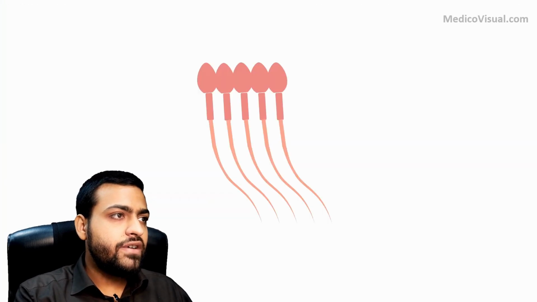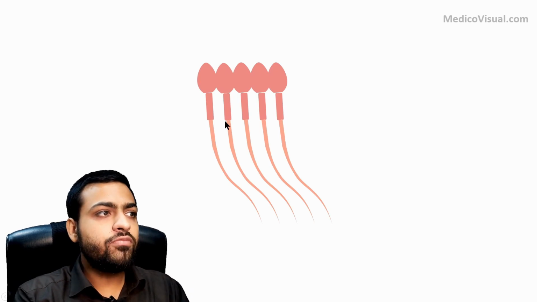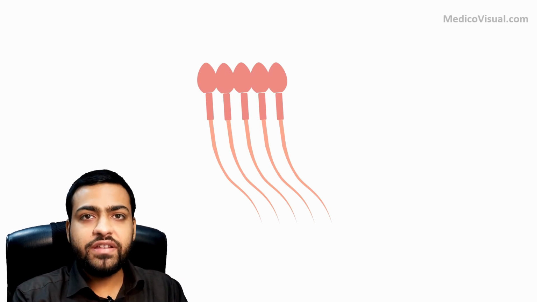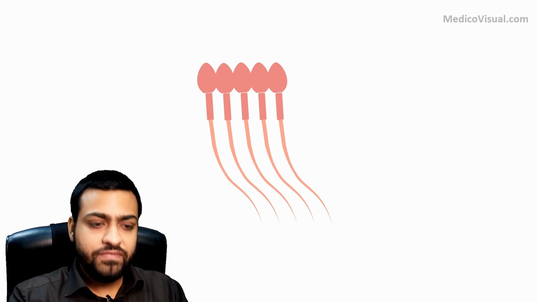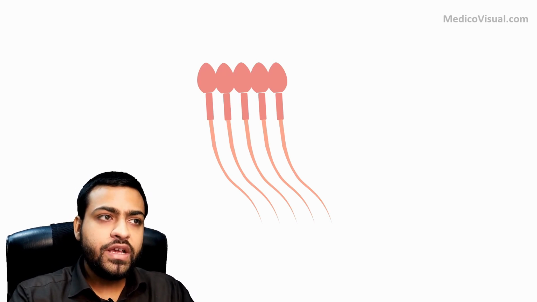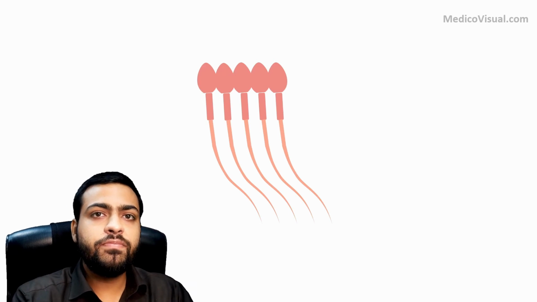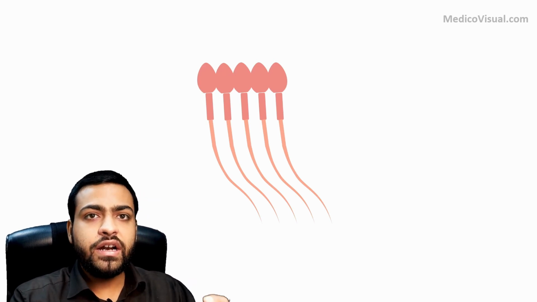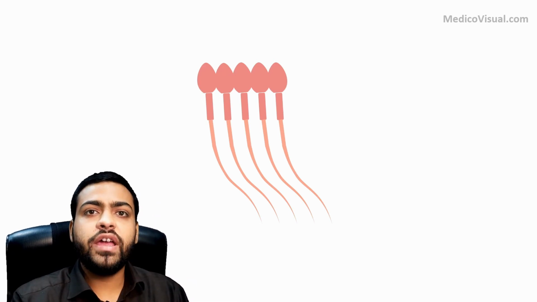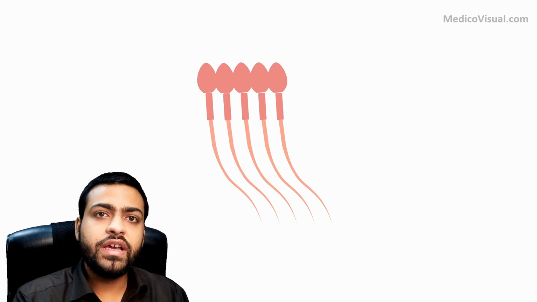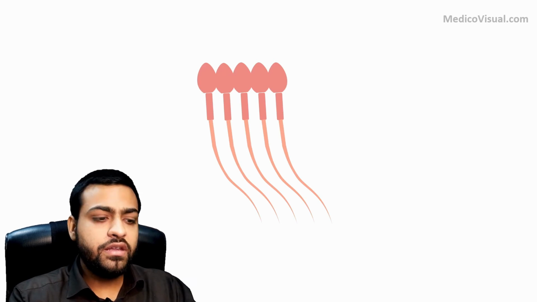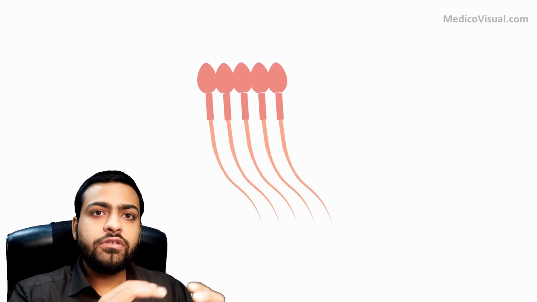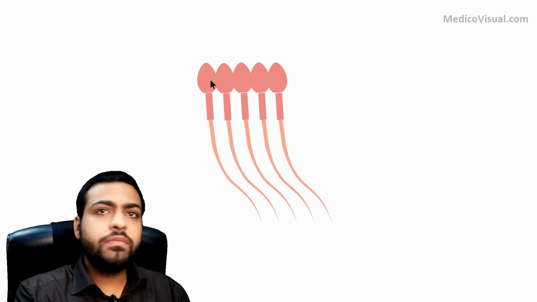Now finally I would like to discuss another point. As we have discussed previously, all the sperm precursor cells or spermatozoa precursor cells undergo incomplete cytokinesis. I have told you in previous lecture that they undergo incomplete cytokinesis, meaning that they are connected by cytoplasmic bridges.